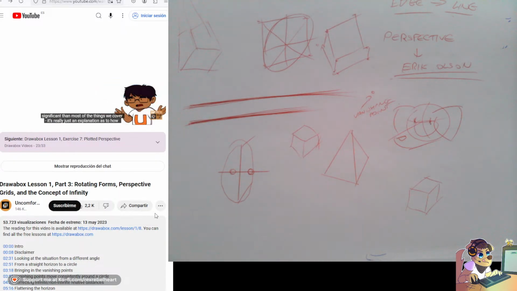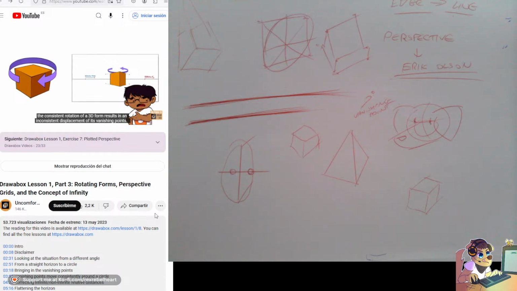It's really just an explanation as to how the consistent rotation of a 3D form results in an inconsistent displacement of its vanishing points. It's worth going through, but completely unnecessary in order to apply.